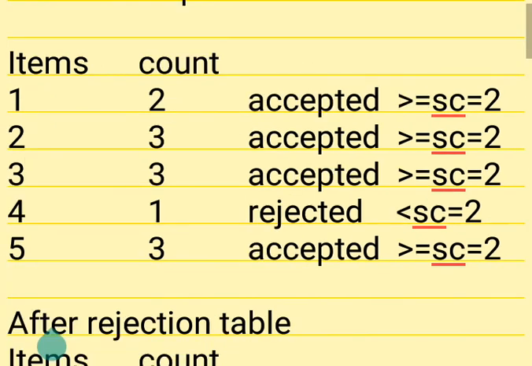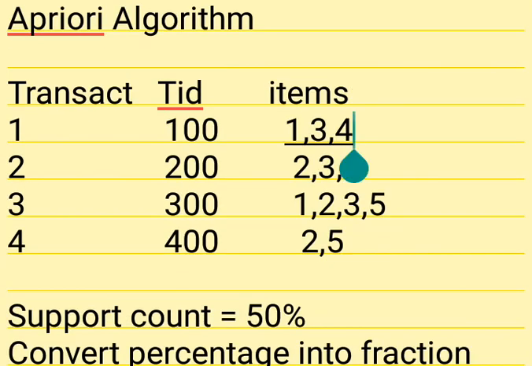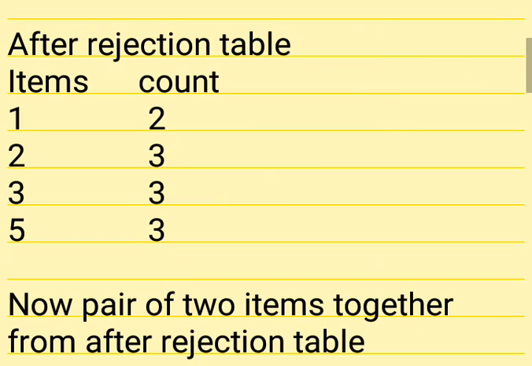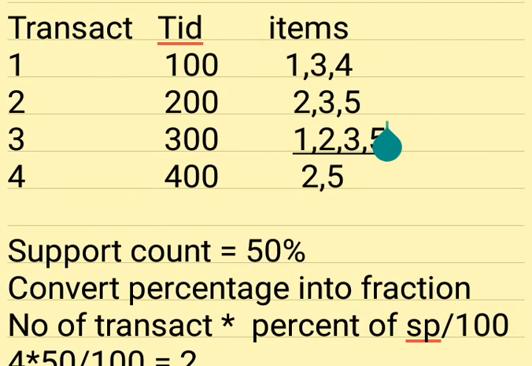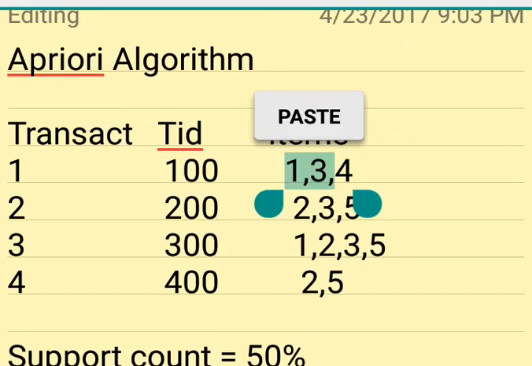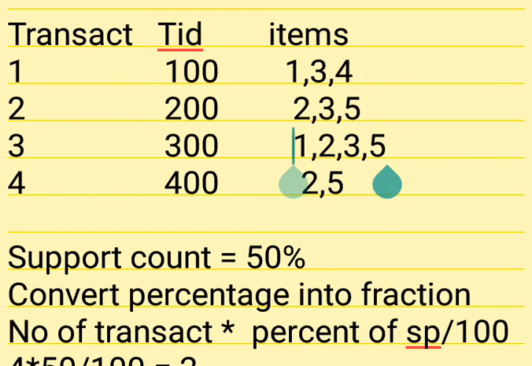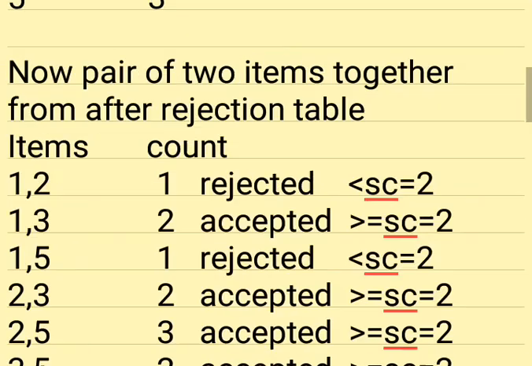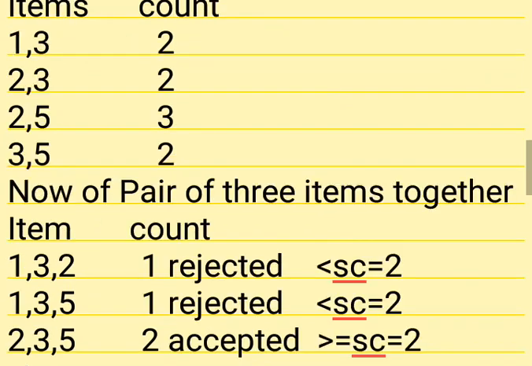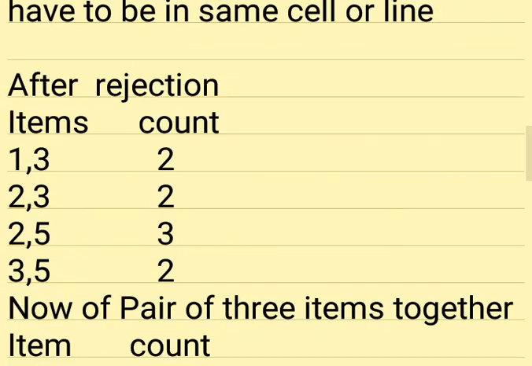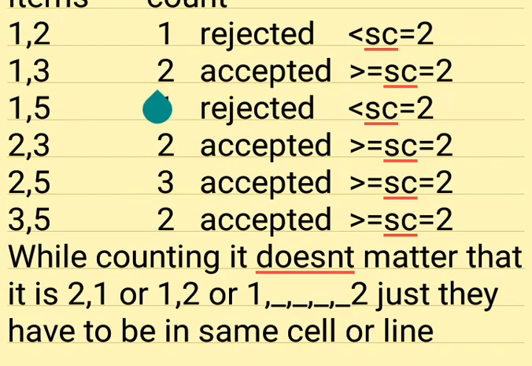And 1 3 comes how many times? It occurs 2 times, so we write 2. Like this we will count all the other 2-item pairs.